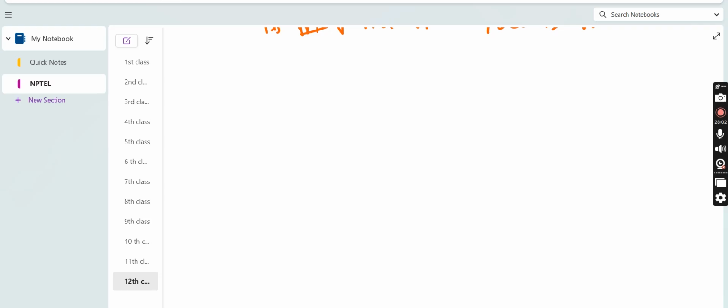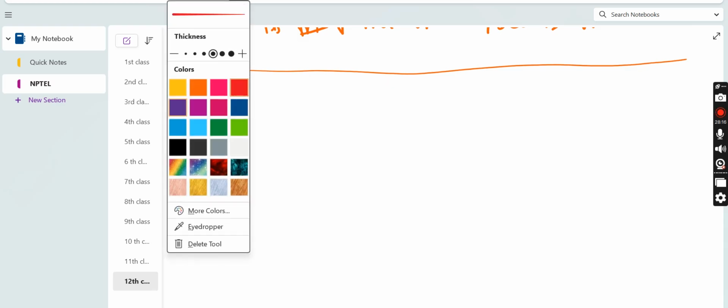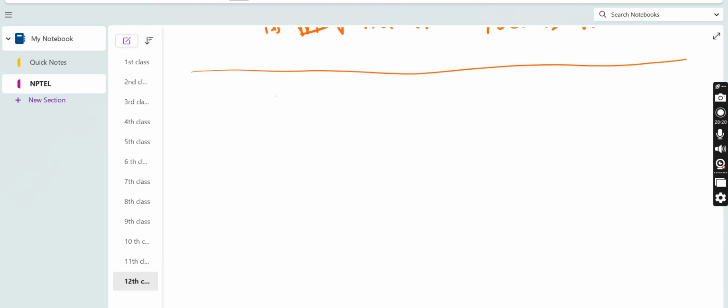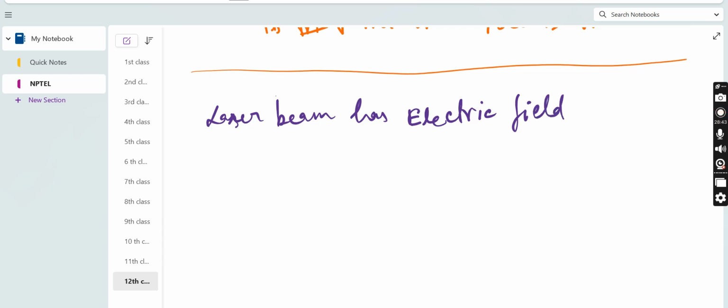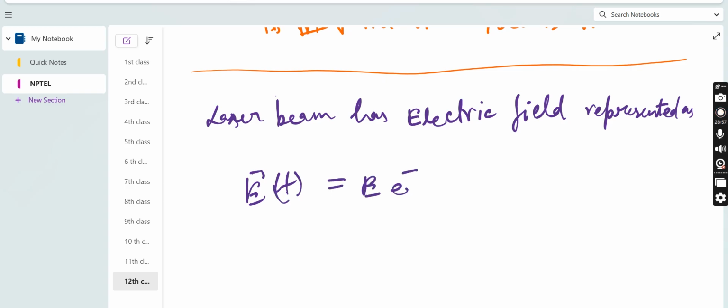So if the laser beam has electric field represented as E(t) is E e to the power minus i omega t plus its complex conjugate, then we know the polarization becomes.